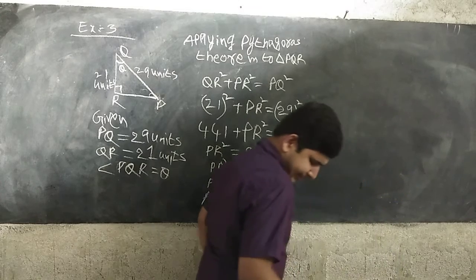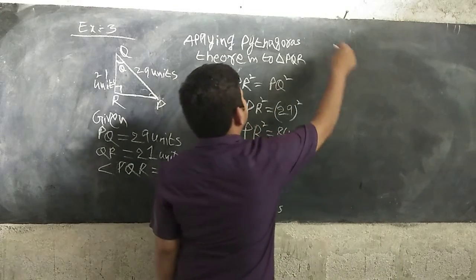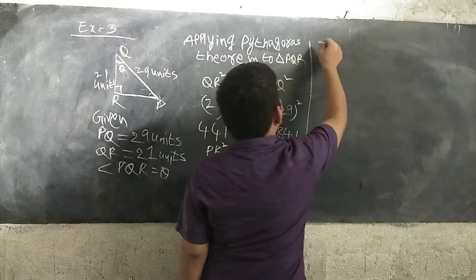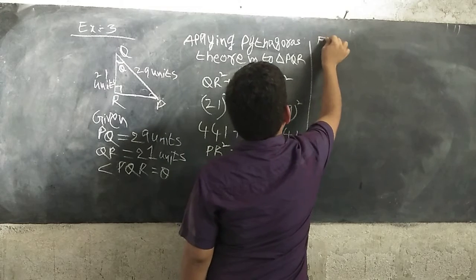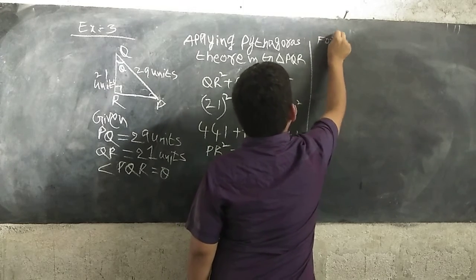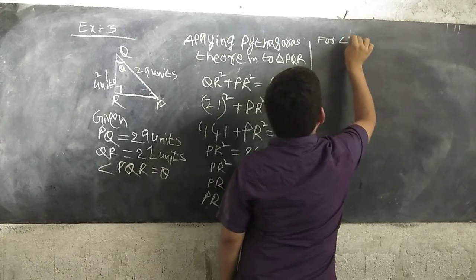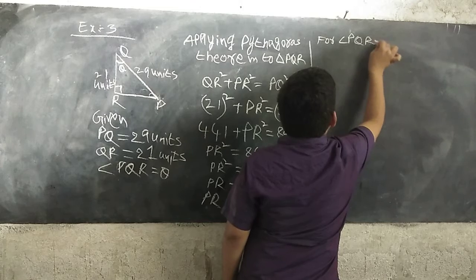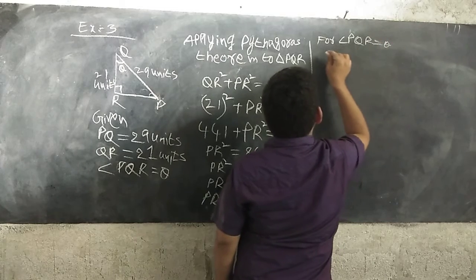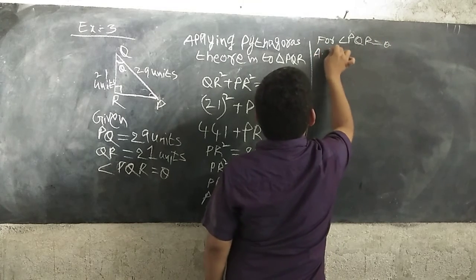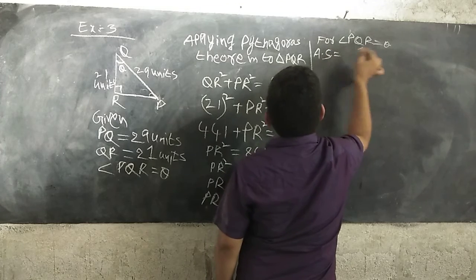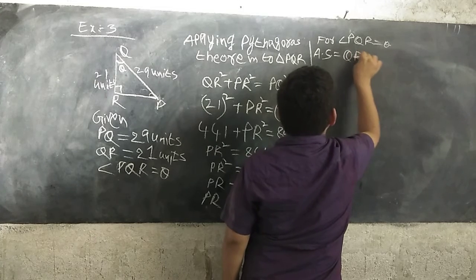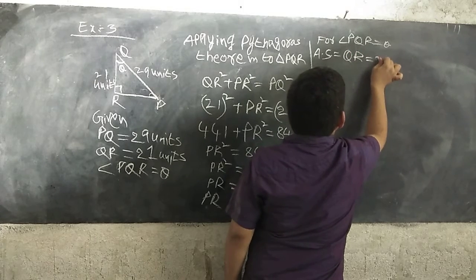Now for angle PQR equal to theta, the adjacent side is QR, equal to 21 units.